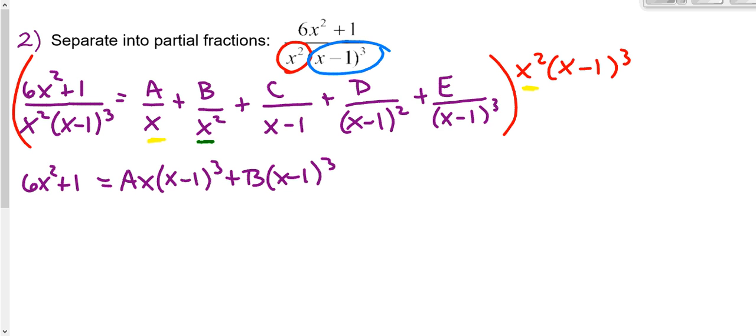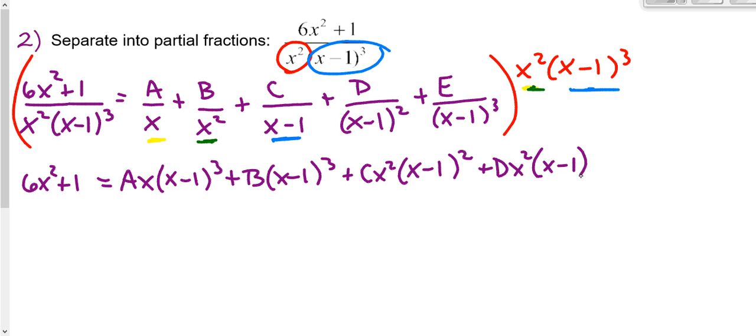See, the x squared canceled with the x squared. And we will have cx squared times x minus 1 quantity squared. See, the x minus 1 canceled with one of the x minus 1's. And we will have dx squared times x minus 1. See, the x minus 1 squared canceled with two of them. And we will have e times x squared. See, the x minus 1 cubed canceled with the x minus 1 cubed.